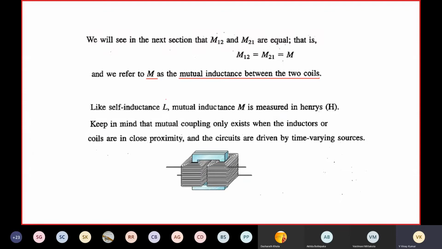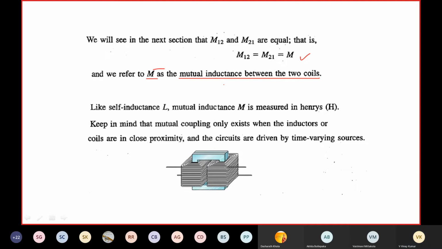So here, if the distance between coils and the permeability of the medium between coils is constant, then M12 is equal to M21 is equal to M, where M is the mutual inductance between the two coils.